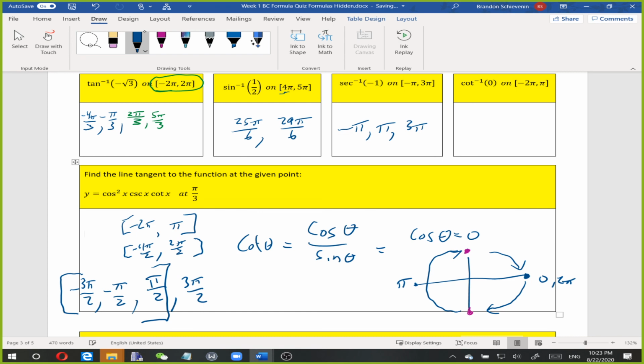So I know I have to cut off between 1 pi over 2 and 3 pi over 2, and between my negative 3 pi over 2 and my next point, negative 5 pi over 2, which is too much. Okay, so my answer should be negative 3 pi over 2, negative pi over 2, and positive pi over 2.